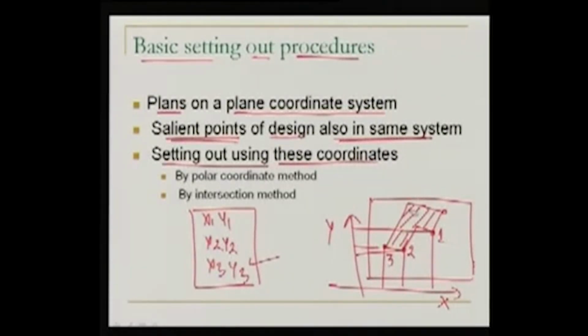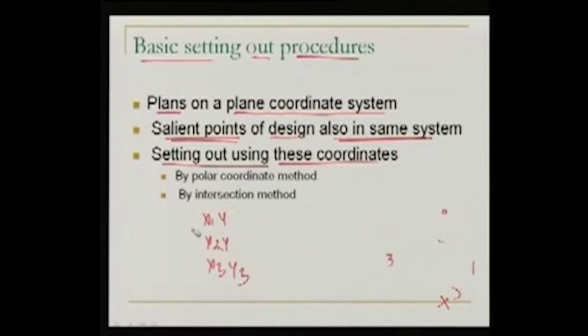Now, this setting out is done basically by 2 methods. One we say polar coordinate method and the other intersection method. And we are not always limited to these methods. This is important. What I am giving you here is just an idea about some methods. But when you are working in the field, you have to come out with a method which may have a bearing on these concepts.